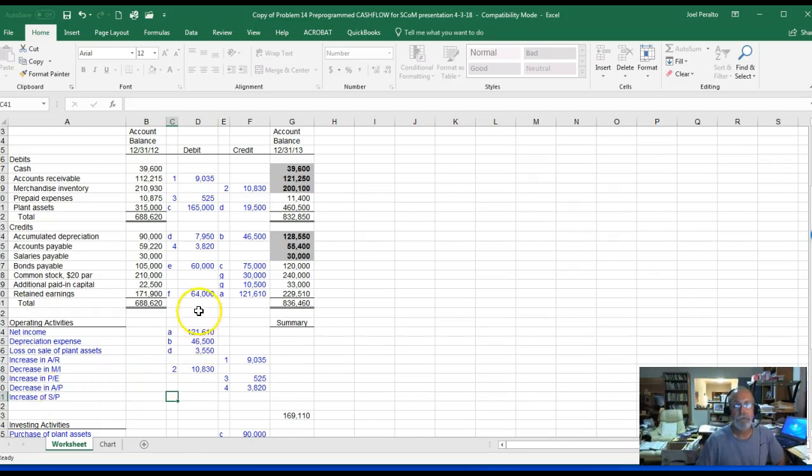If salaries payable goes up, that requires a credit. And so normally we can look at that as an expense that is unpaid, therefore the effect on cash is positive. And so we would show that as a debit amount under operating activities in the statement of cash flows.